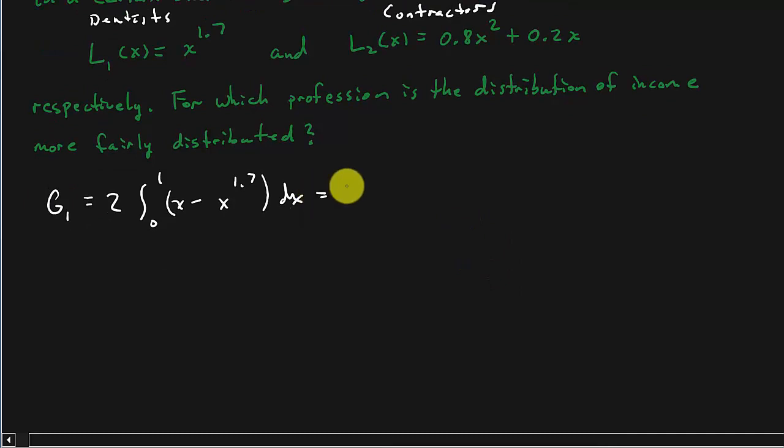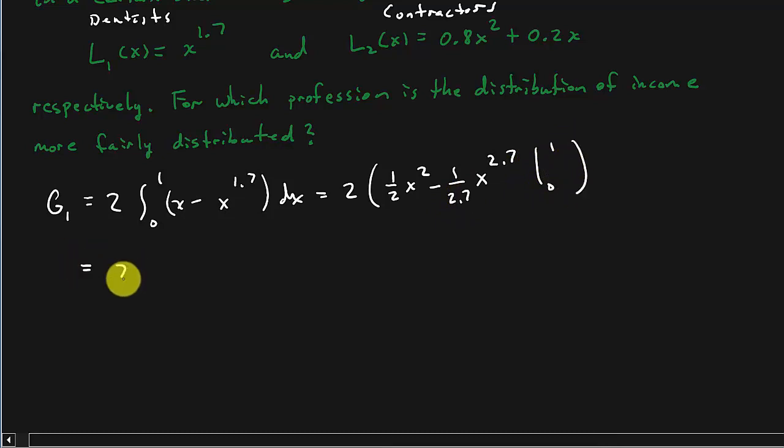So this is going to be 2 times 1/2 x squared minus x to the 2.7 over 2.7. Add 1 to the exponent, multiply by the reciprocal of your new exponent, and we're going to evaluate that from 0 to 1. So this is 2 times 1/2 times 1 squared minus 1 over 2.7 times 1 to the 2.7 minus, and then we plug the 0 in.